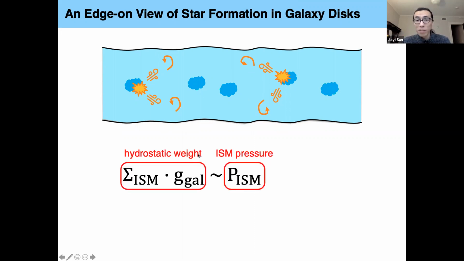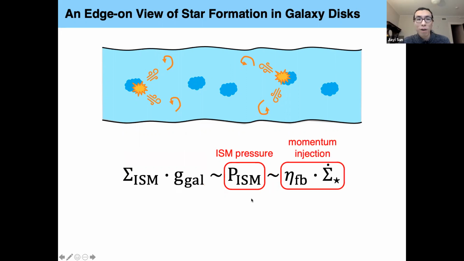In this equilibrium state, the hydrostatic weight of the ISM, which is given by the surface density of the ISM times this little g, the local gravitational field strength, is balanced on average by the pressure near the midplane inside the ISM. And this pressure, because most of it is turbulent in origin, is further maintained by feedback from star formation.